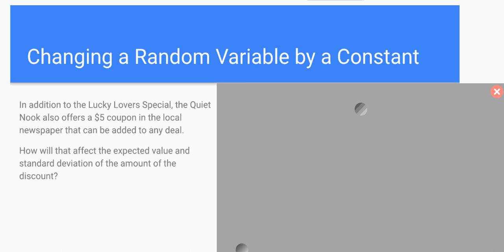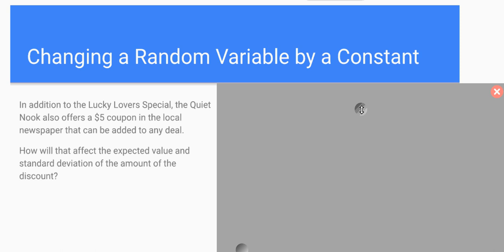So what's that going to do to our expected value and our standard deviation of the amount of the discount? Okay. This is a situation where we are adding something to it. Think about it this way. The $5 is a constant because they're going to get that discount so long as they have that $5 coupon, regardless of what comes up from our Lucky Lovers special, right? The card thing on Valentine's Day.